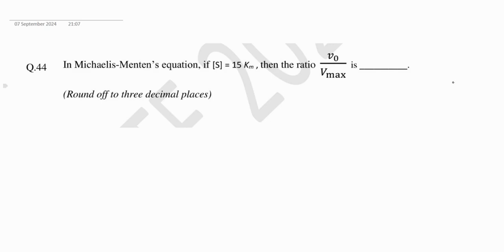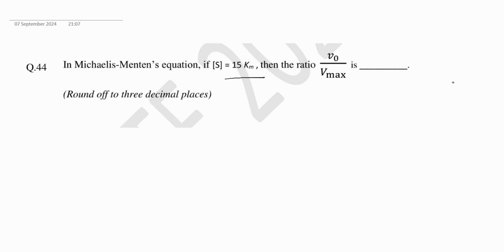In the Michaelis-Menten equation, if S is 15 Km, that is, substrate concentration is 15 Km, then what is the ratio V0 by Vmax? Michaelis-Menten is a very important equation in any biology, biotechnology or life science competitive exam.